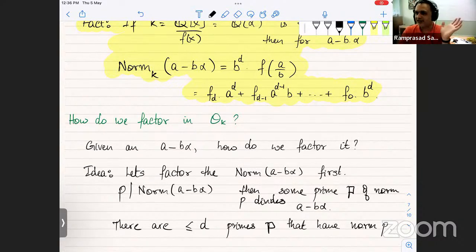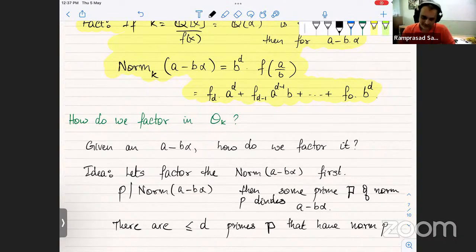Just like, if you recall the example, the number 5 split as 2 plus i and 2 minus i. The norm of both 2 plus i and 2 minus i is equal to 5, because 2 squared plus 1 squared is equal to 5.